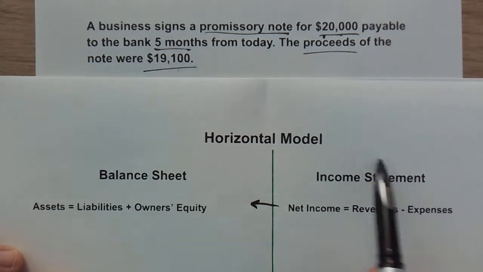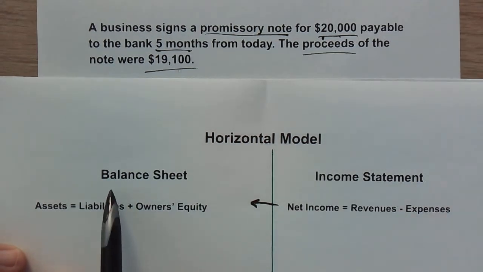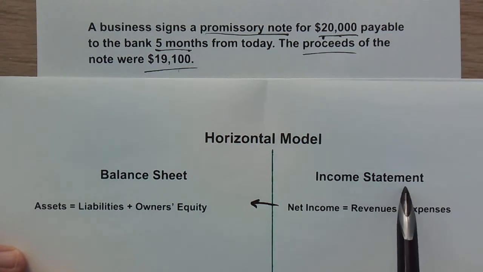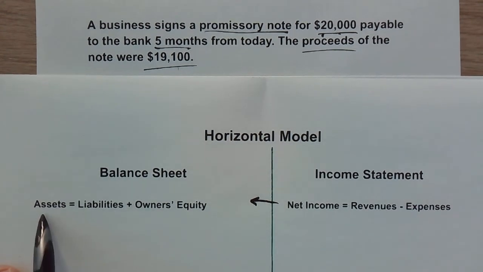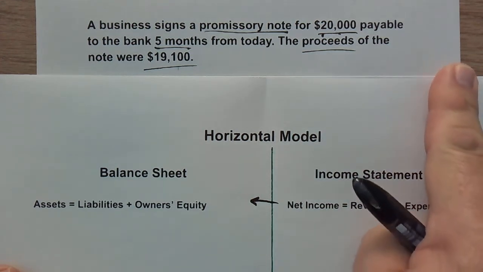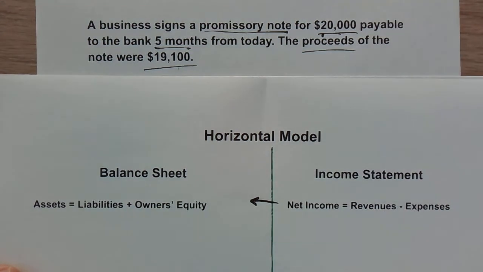So the horizontal model of accounting shows both the balance sheet and the income statement together. We've got the accounting equation over here in the balance sheet, assets equals liabilities plus owner's equity. And if you need to know more about the balance sheet and the accounting equation, I've linked a video up here that you can take a look at.